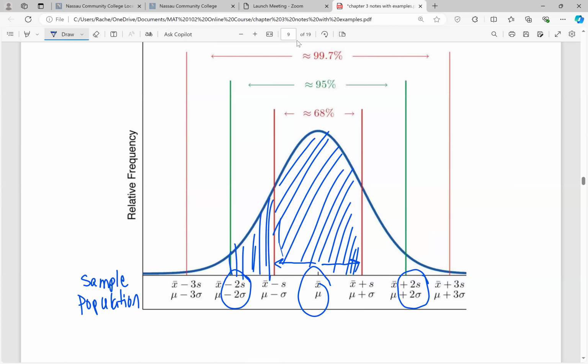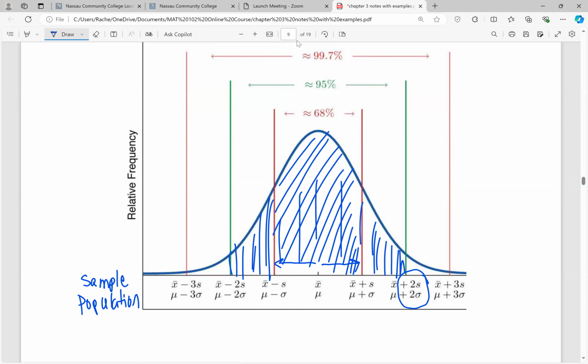Now we would expect approximately 95% of our data values to be within two standard deviations of the mean. That's almost everything, right? Because imagine shading the entire bell-shaped curve; we would shade 100% of our data values. So this 95% takes up a big chunk. We would expect about 95% of our data values to fall within two standard deviations of the mean.